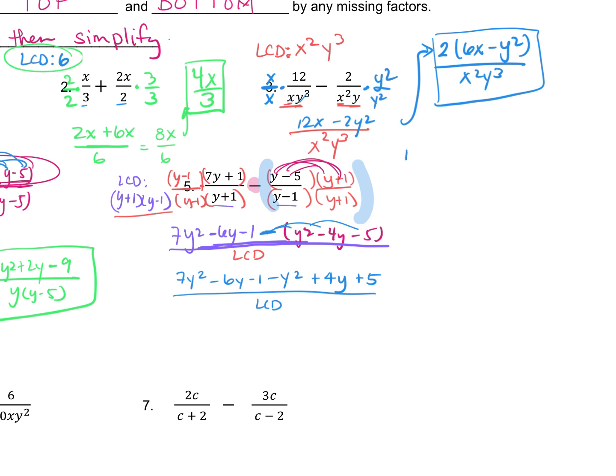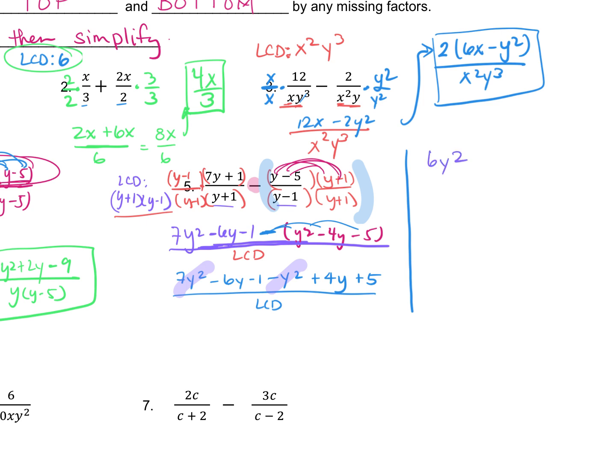I'm just going to draw it over here. So what I'm going to do is combine my like terms. I have 7y squared minus y squared, which is a positive 6y squared.